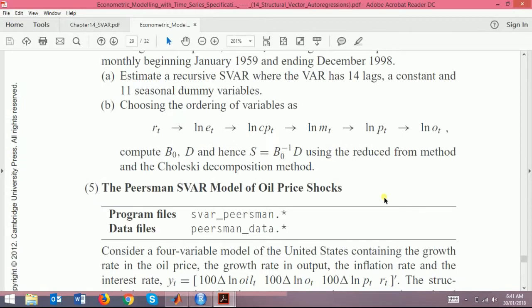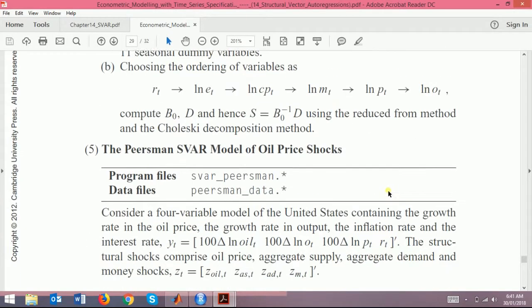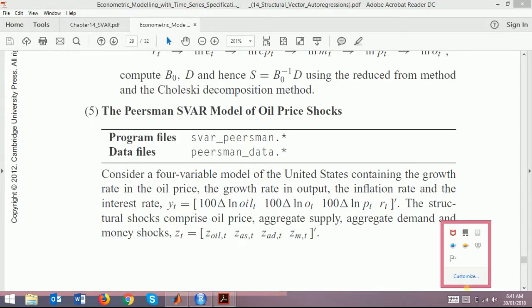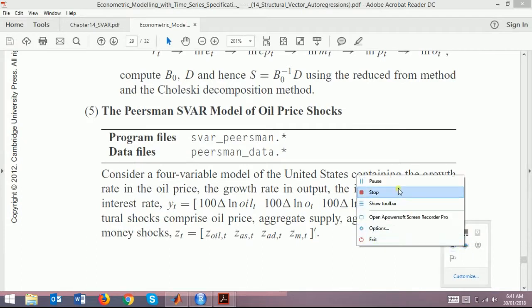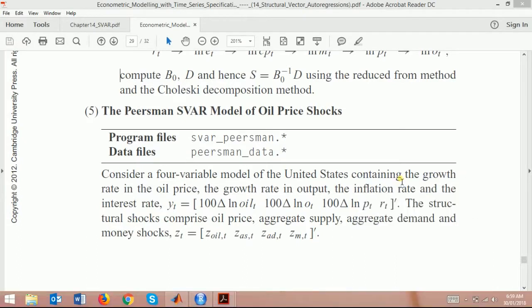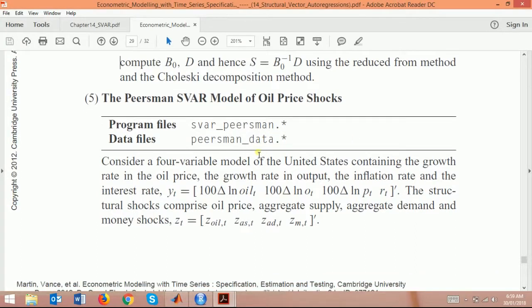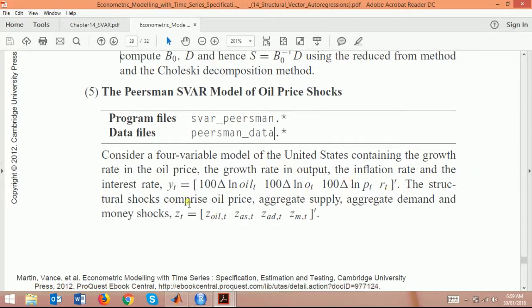Then the next problem, but again this calls for a coffee, and so a small break. Number 5, the Peersman SVAR model of oil price shocks. So consider a 4-variable model of the United States containing the growth rate in the oil price, the growth rate in output, the inflation rate, and the interest rate.